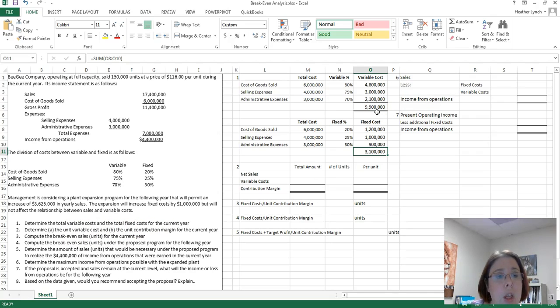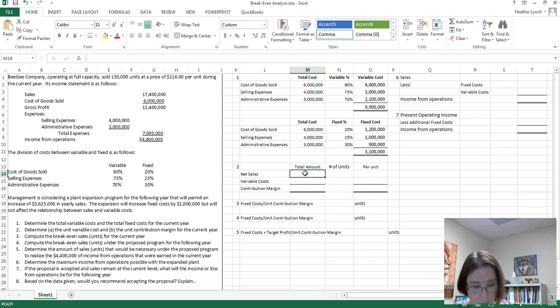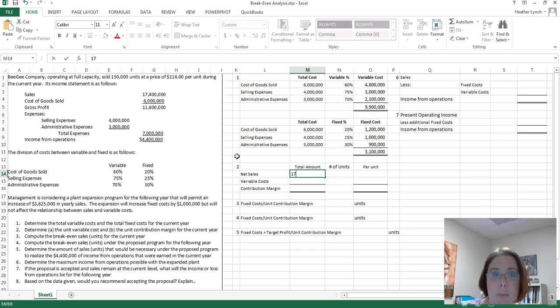Now determine the unit variable cost and the unit contribution margin for the current year. Okay, so net sales, that came from our sales, is 17,400,000.